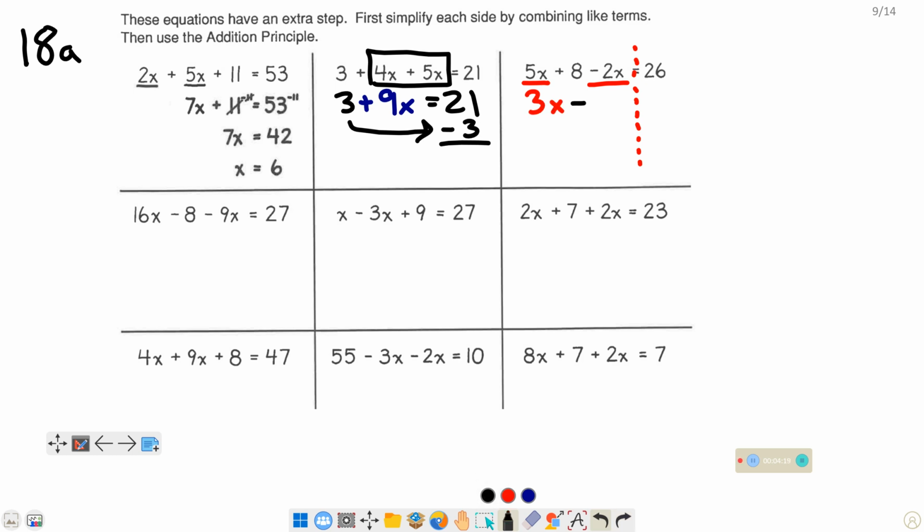The plus 8 has not changed. The 26 has not changed. Now I'm ready to do a side-side flip. You side-side flip. Notice I'm using opposites to solve. I'm using opposites to my advantage. So 3x would equal 18.